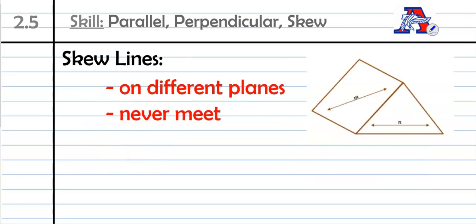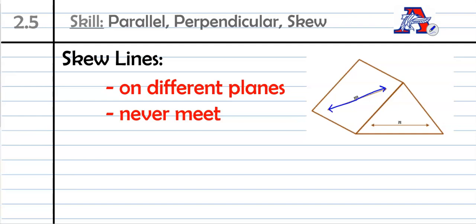Okay, skew lines. Skew lines are lines that are on different planes but never meet. And that's one that I don't know that you have talked about as much. I like this diagram here. I think it does a good job showing it. Line M is on the left side of this.